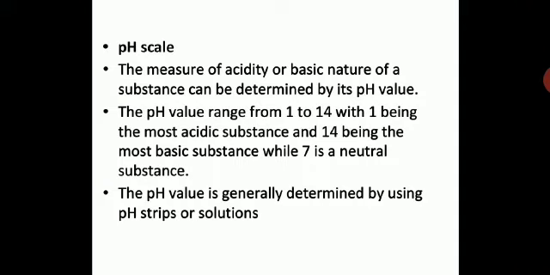The pH value is generally determined by using pH strips or solution. As you use litmus paper or litmus solution, similarly there is a mixture of solutions which is called universal indicators. These indicators are mixtures of various indicators and they make one solution. You can prepare pH paper or you can directly use the solution.